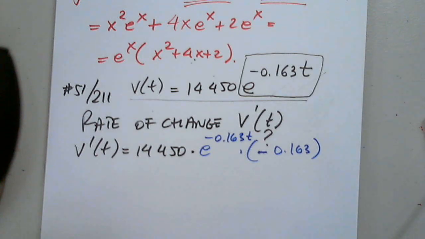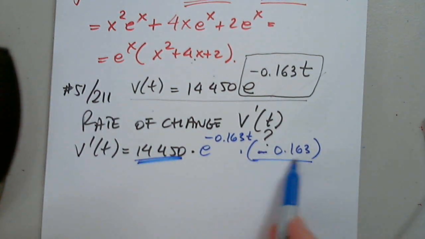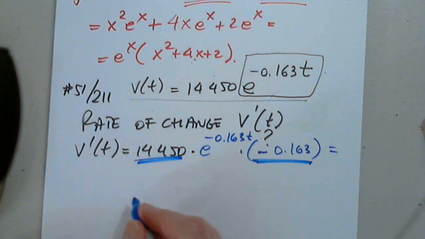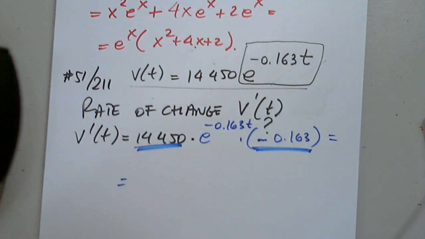Awesome. And of course, I have to multiply this by this and put the number in front. So I'm going to plug it in the calculator. 14,450 times negative 0.163. So yes, that's correct.